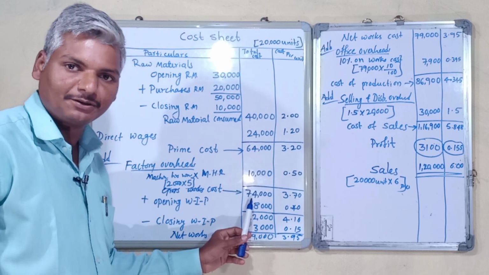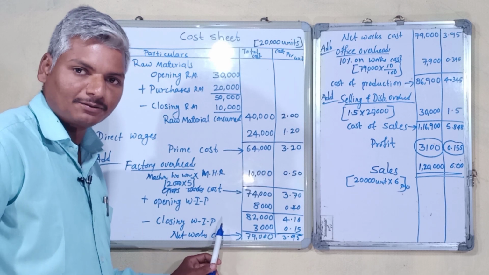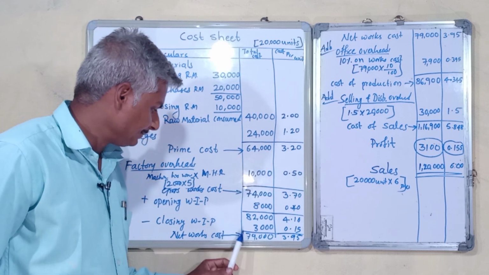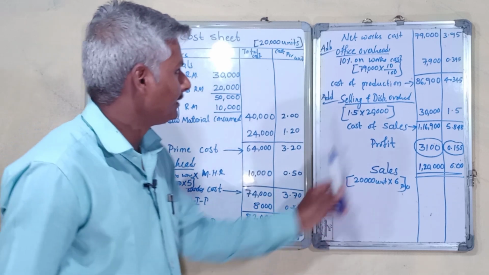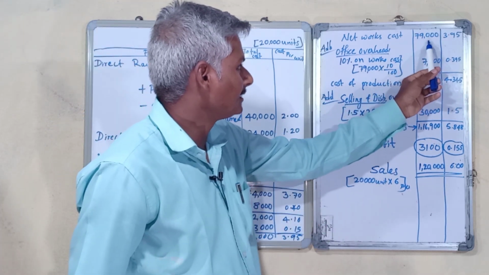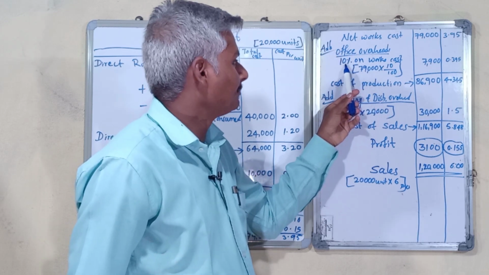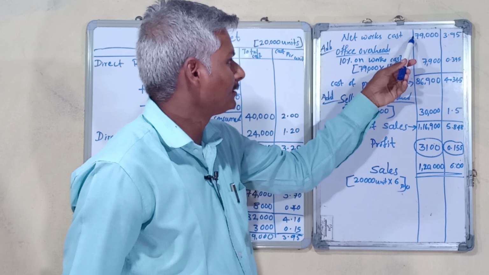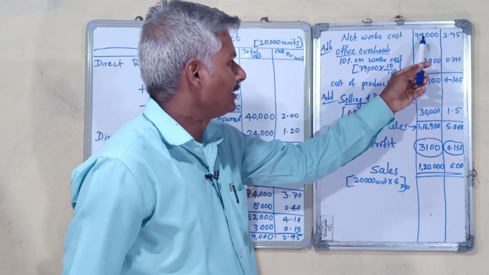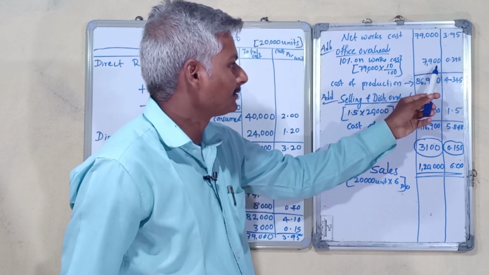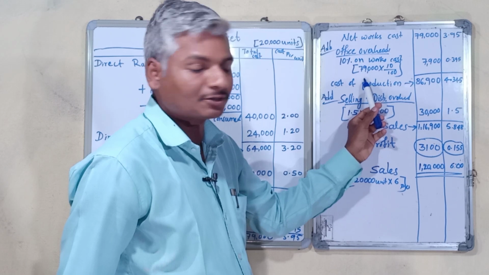For this we need to add the opening stock of work in progress and deduct the closing stock, giving 79,000. That is net works cost, which I take here. Then we add office overhead, which is 10% on works cost. 79,000 into 10% is 7,900. 79,000 plus 7,900 is 86,900, which we call cost of production.